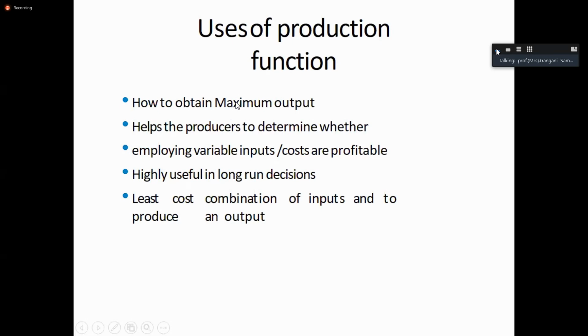So here, after drawing the production function, you can understand least cost combination. Okay, I'll teach you how to get this least cost. That means the minimum cost, because to get maximum output or profits, we need to get the least cost. Cost should be minimum.